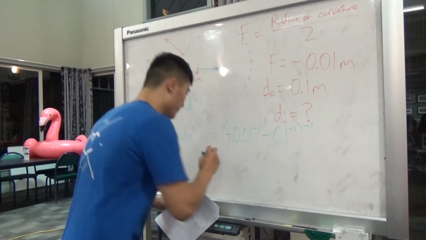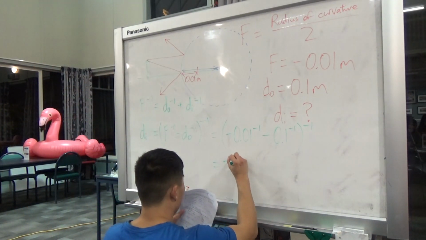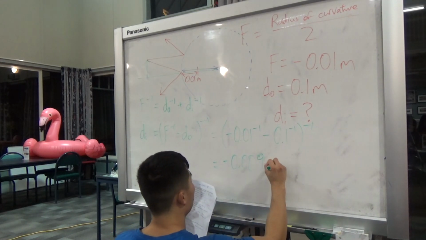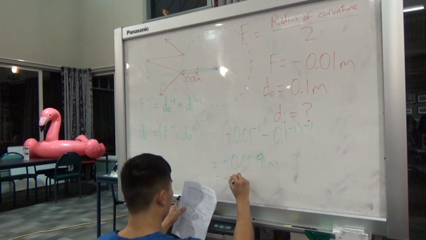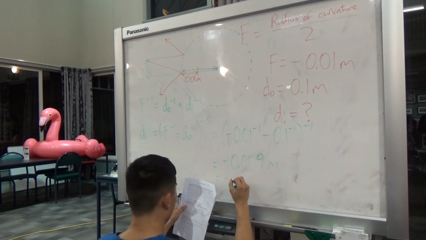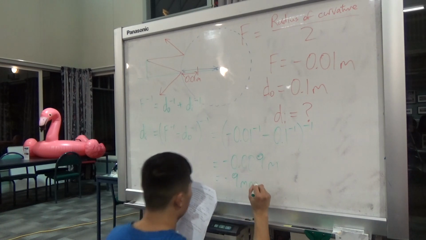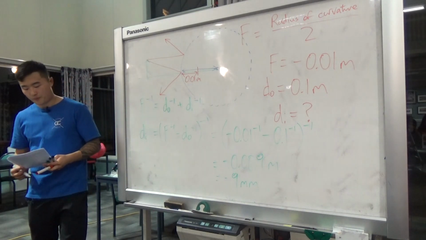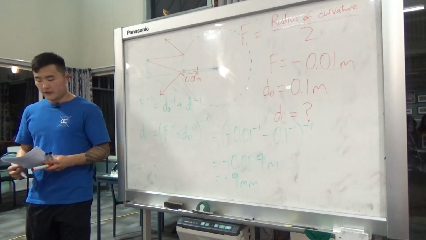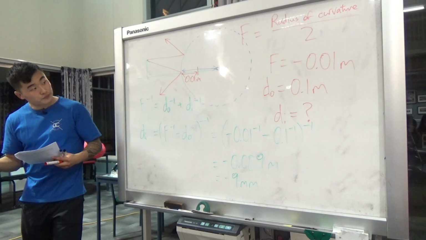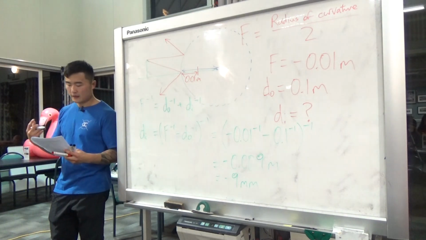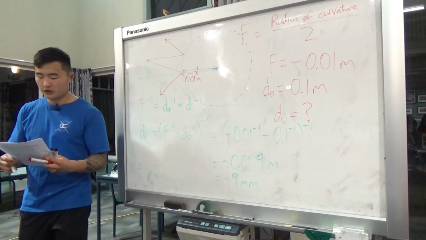So that will give you negative 0.009 meters, which is equal to negative 9 millimeters. Okay, so if it's a negative DI, that means that it's a virtual image.